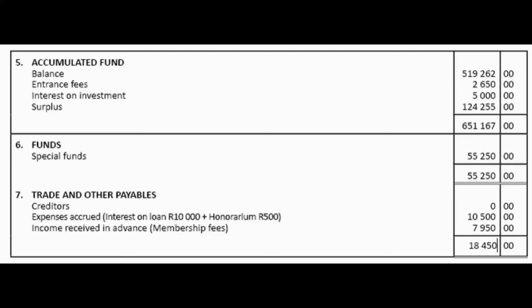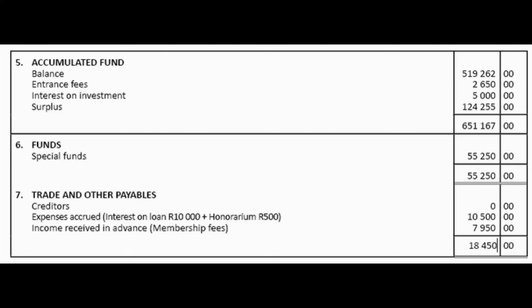Okay, then we get to the accumulated fund, that note. The balance was 519,262. If you look at your accumulated fund account, you will see there is an entry on the credit side for entrance fees. That was the adjustment that says half of the entrance fees has to be capitalized, so that is that 2,650. The same with the interest on investment: there will be an entry on the credit side of your accumulated fund account for 5,000 Rand.